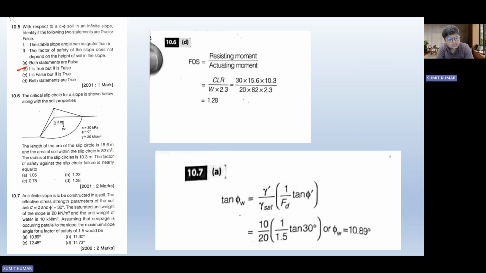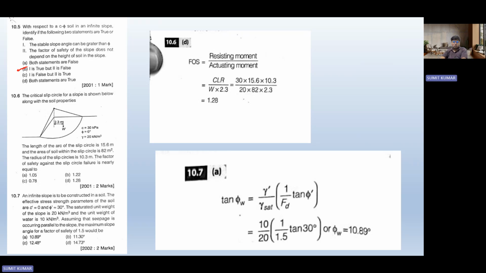The radius of the slip circle is 10.3, and the factor of safety against slip circle failure is nearly equal to: the resisting moment is going to be C into L into R. Cohesion is given as 30, L is 15.6, and R is 10.3, divided by the weight. Weight is the area, 82, multiplied by unit weight 20 kilonewton per meter cube, multiplied by 2.3, which is the eccentricity.